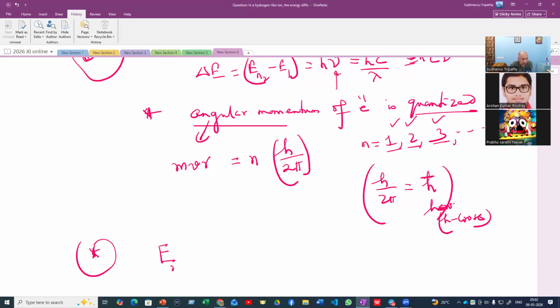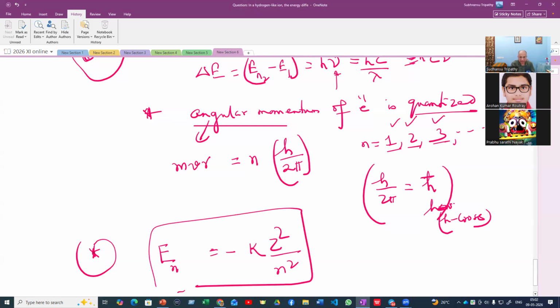The energy of the electron at any orbit, not merely the ground state where the electron loves to remain happy, contented, unless somebody makes that electron jump by providing energy, is equal to minus some constant k Z squared by n squared, where Z is the atomic number or the nuclear charge, the number of protons present.